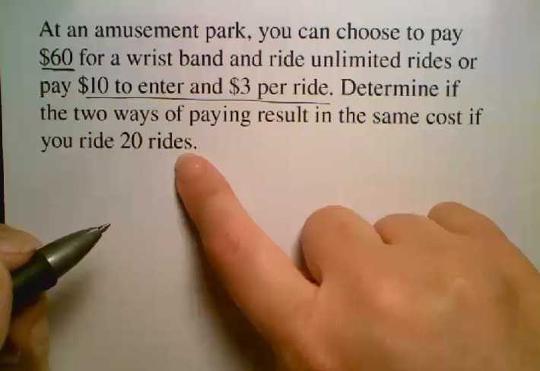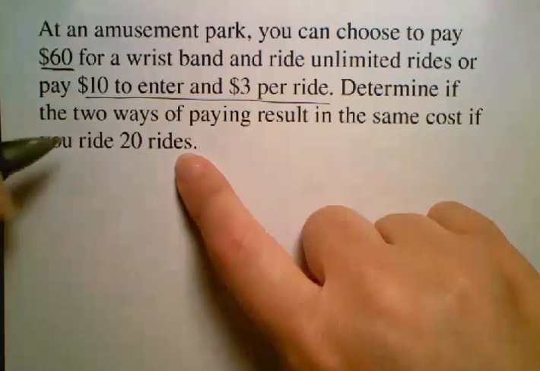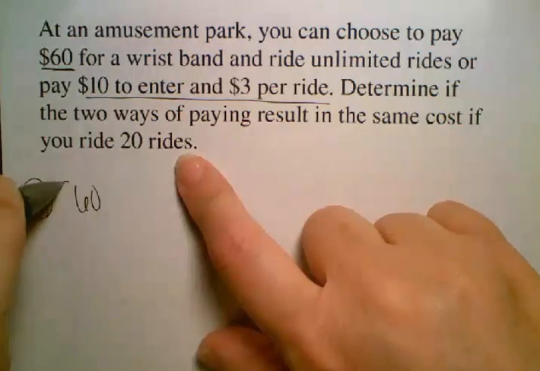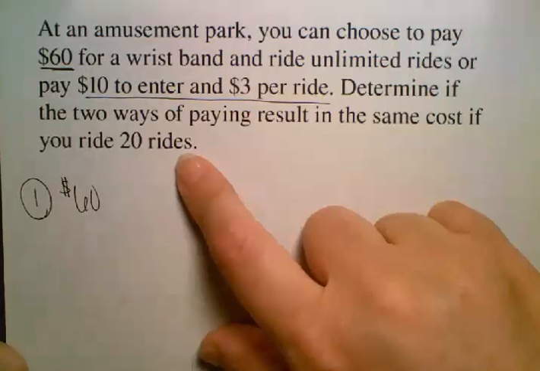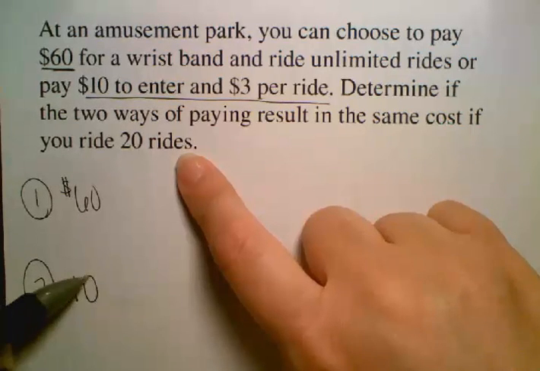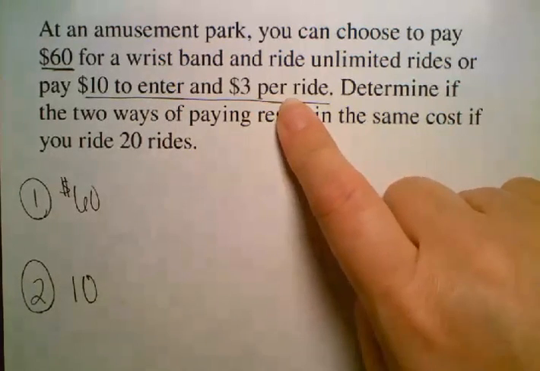In this problem, they tell us we're going to ride 20 rides. So in case one, we pay 60 bucks and we can ride those 20 rides all we want. In fact, we could ride more if we wanted to. But in the second scenario, we would pay $10 to enter and $3 per ride.